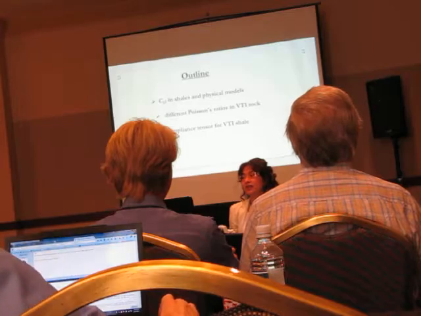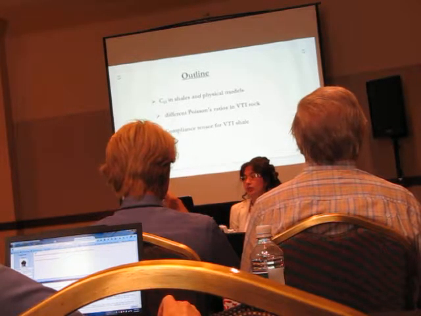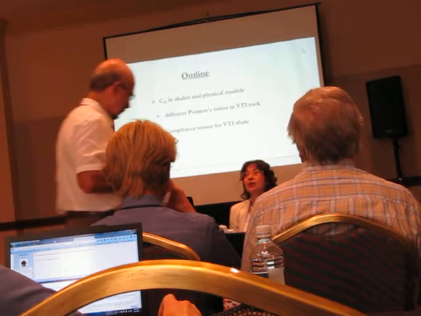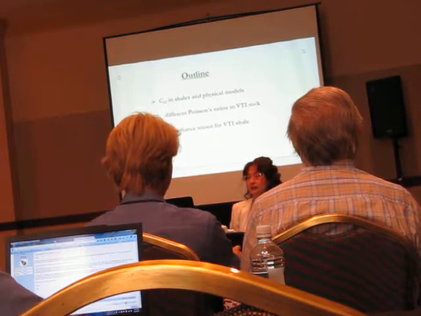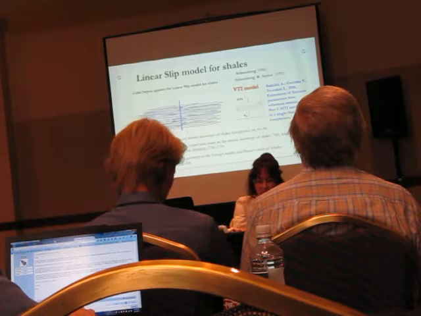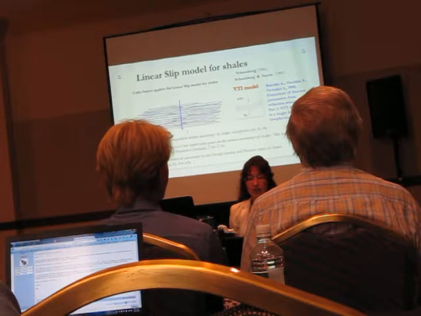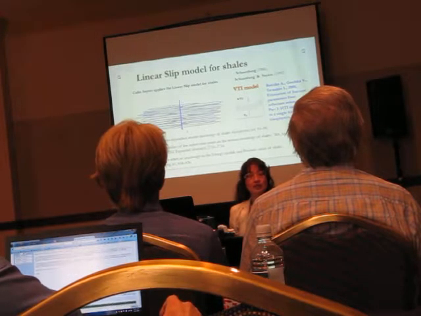I will speak exactly on C13 and shales and physical models, different Poisson's ratios in VTI rock, and compliance tensor for VTI shale. It is a well-known fact that anisotropy in shale rocks can be caused by at least two factors.